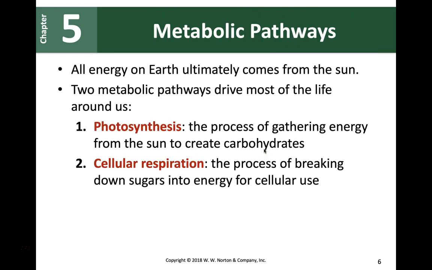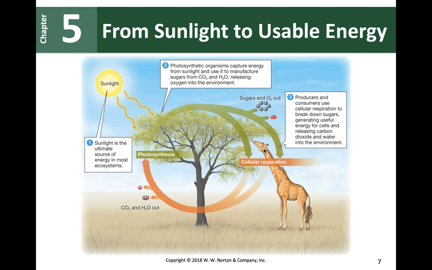So again, as I said before, under metabolic pathways, we have two things to cover. One is photosynthesis and one is cellular respiration. So let's see this image, guys. This summarizes both photosynthesis and cellular respiration. Based on this figure, you should be able to realize how interdependent these two processes are to each other.